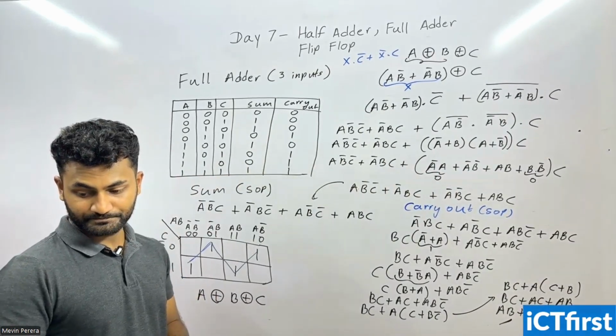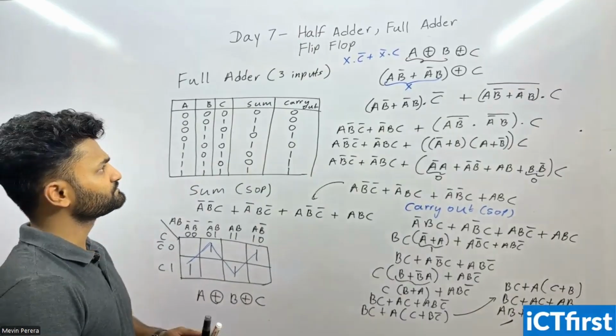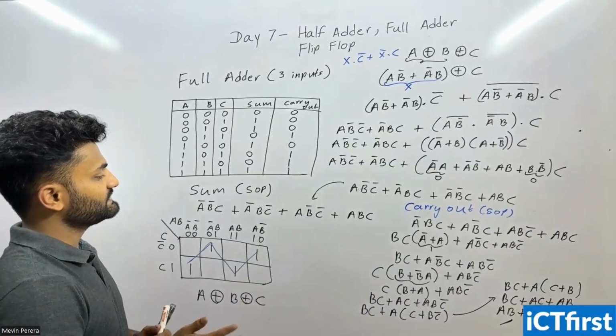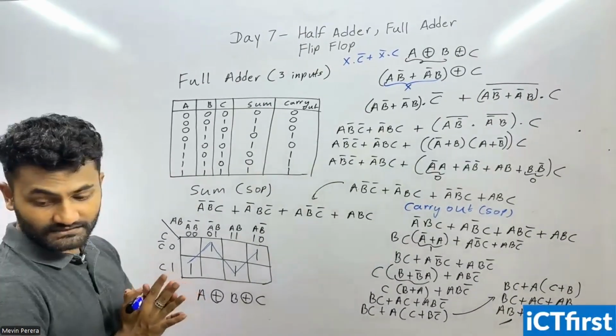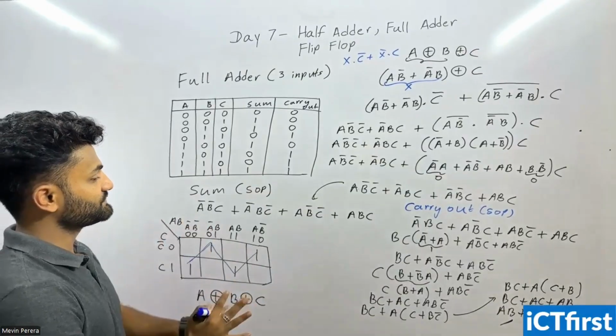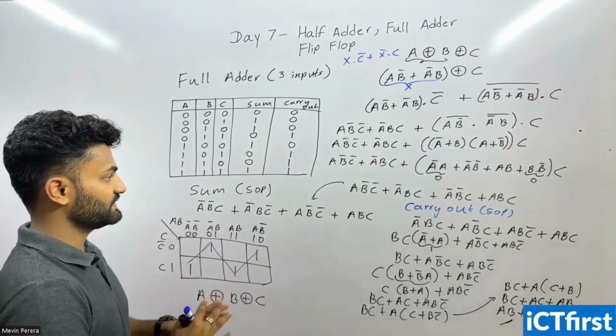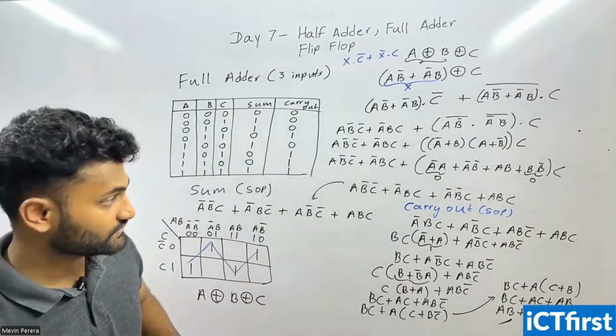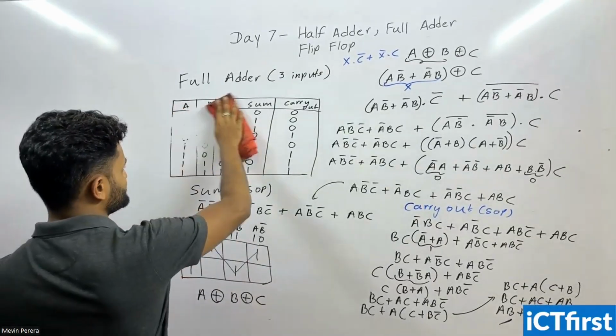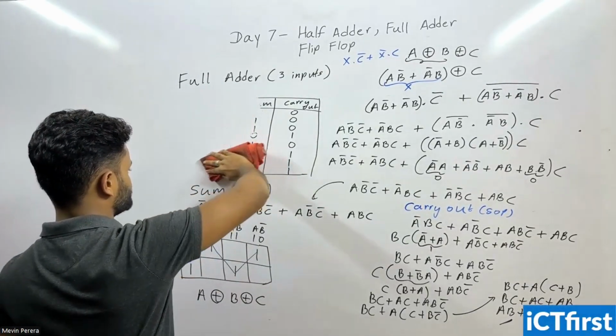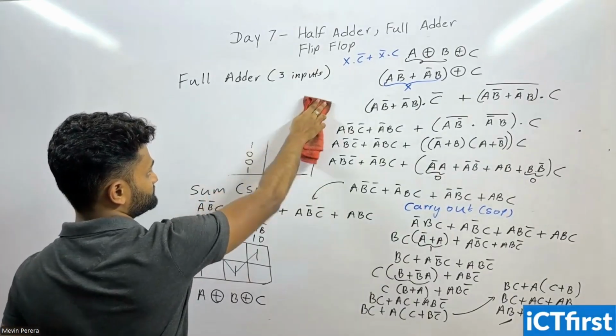Now this is the answer, right? So with this one, we now got the sum and the carry out as well. Now we have to draw the circuit. So let me erase this one, the truth table part.